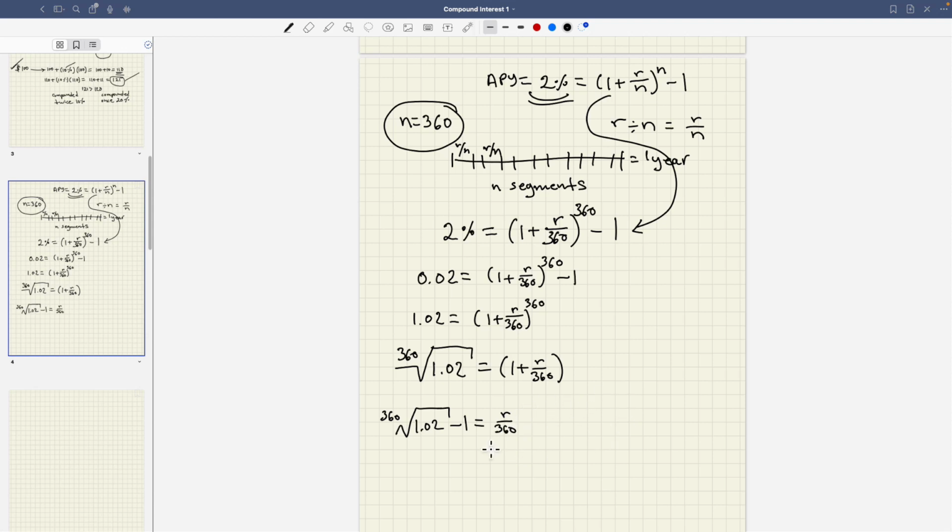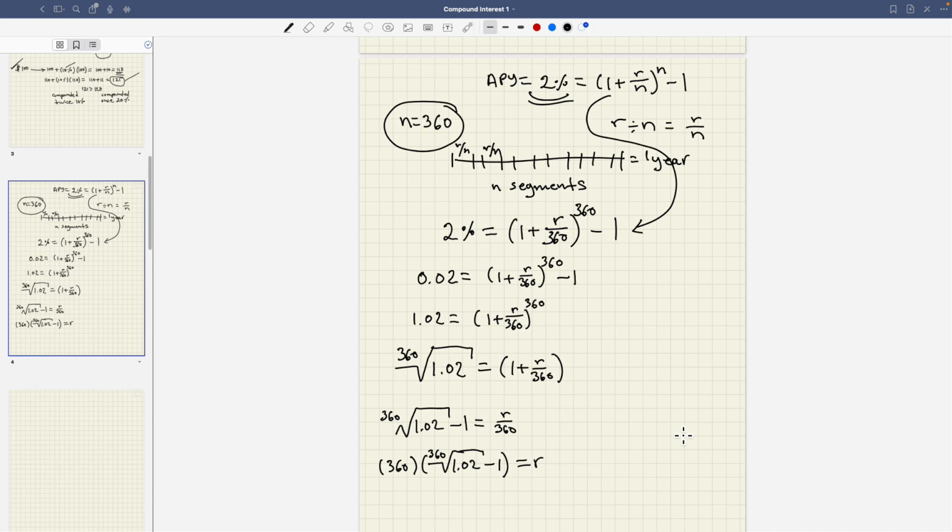Get rid of that denominator. I'll multiply everything by 360. So it becomes 360 multiplied by the 360th root of 1.02, minus 1, equals R. Obviously I need a calculator here. In 1 second, let me find out what this is.